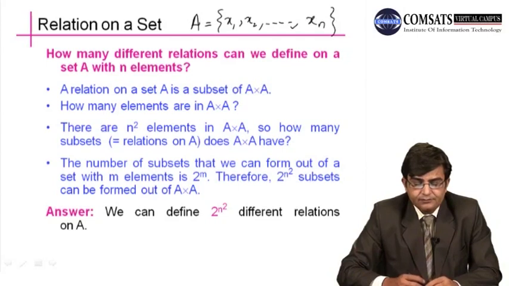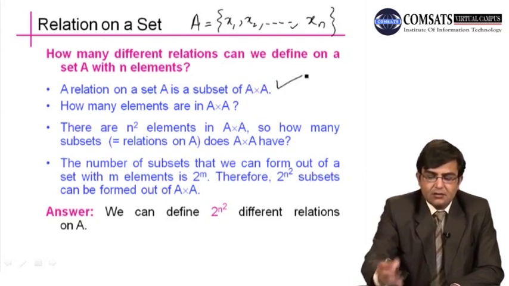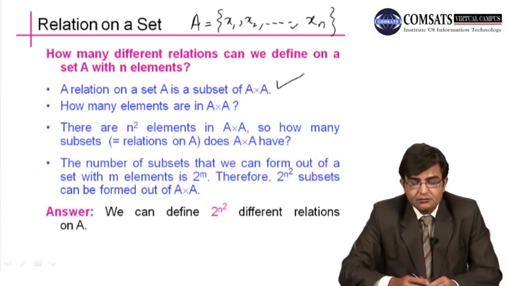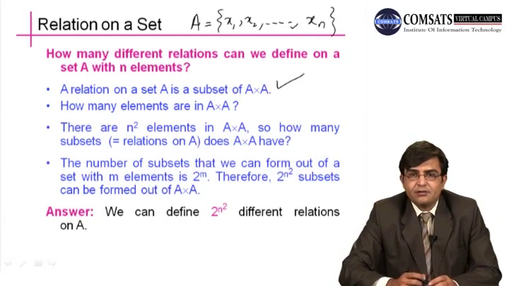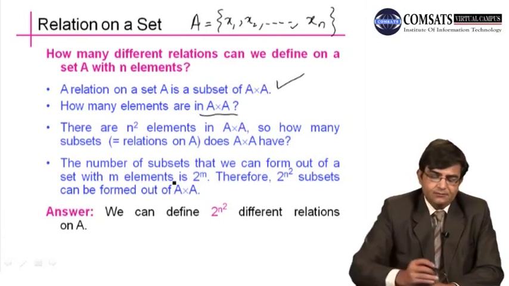Now first of all, we see that a relation on a set A is a subset of A cross A. We know this by the definition of the relation. We know that any relation, R, S, T, anything, on any single set A, is basically a subset of the Cartesian product of A with A. Now how many elements are there in A cross A?